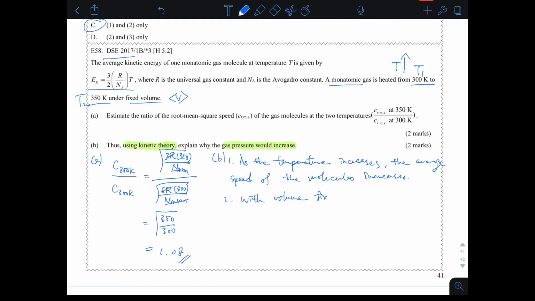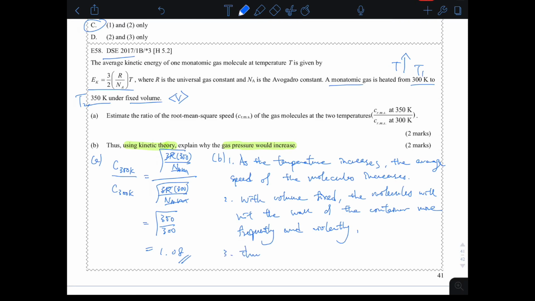With volume fixed, the molecules will hit the wall of the container more frequently and violently.